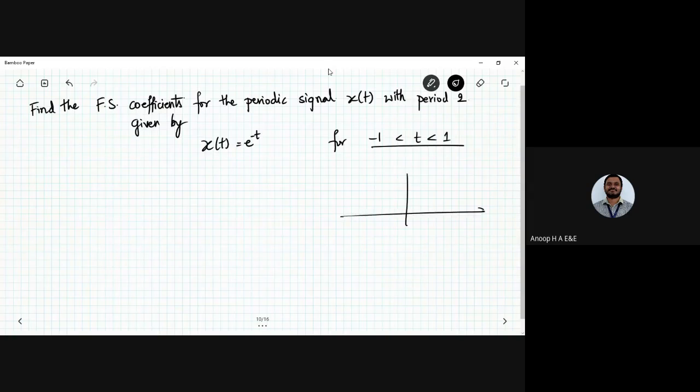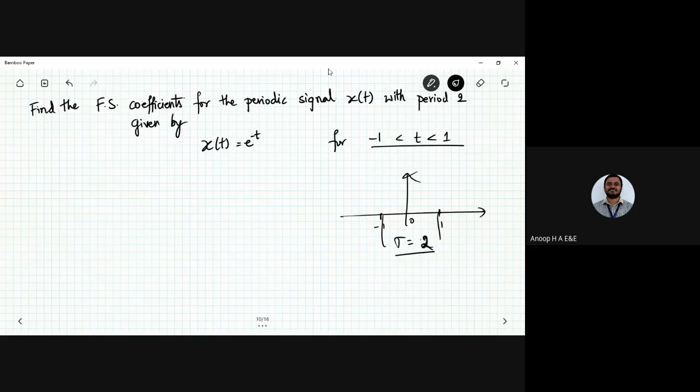So I have a graph here. I'll be having 1 and minus 1 and this is 0. So the time period here is 2. You'll generally not have negative values of time period, so the time period is equal to 2. Once I give the value of t equal to minus 1, it would be exponentially rising there, and you are going to have the symmetric nature of it.